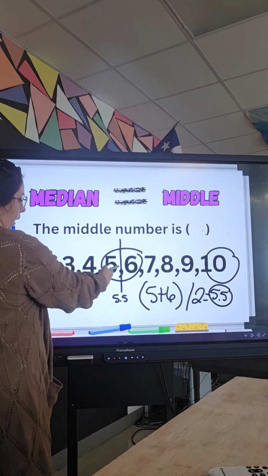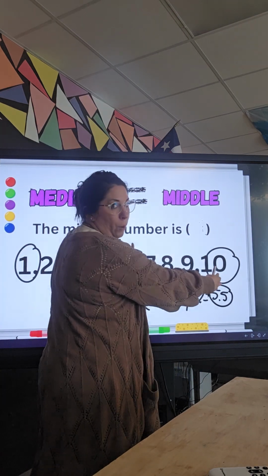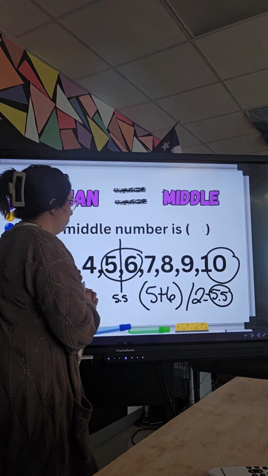Now we need to find our upper and lower quartiles, which is basically the middle number for the lower half of this group, and then we need to find our upper quartile, which is the middle number for the upper part of this group of numbers.